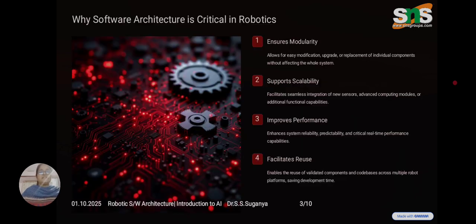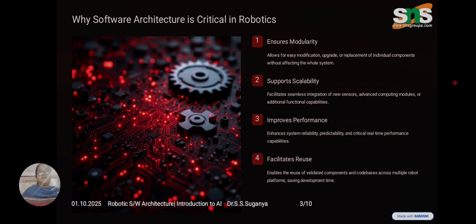The next slide is about why software architecture is critical in robotics. It is essential because it ensures modularity, scalability, performance and reusability. Modularity means components can be replaced or upgraded without affecting the entire system. With scalability, new sensors or functions can be added easily.